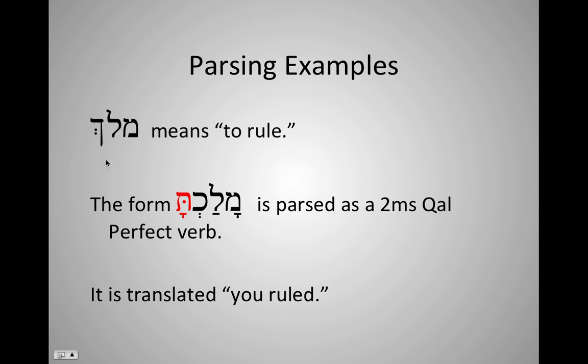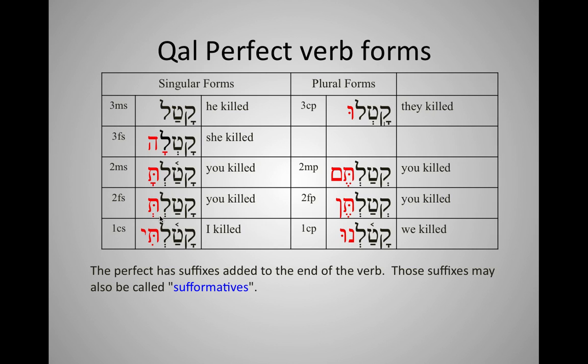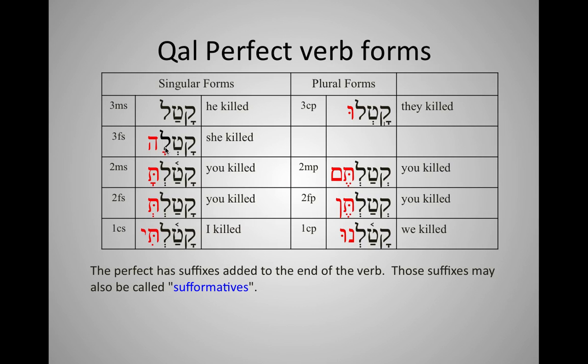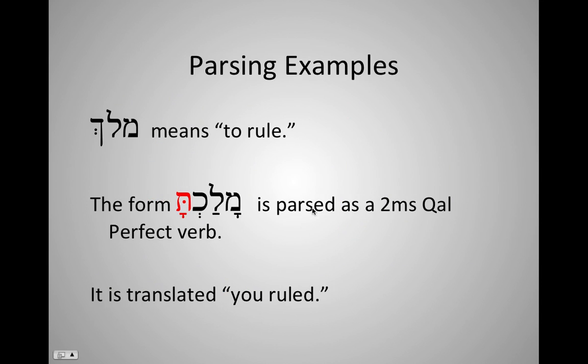So again, every Hebrew verb actually only has 3 letters, and to those 3 letters is added some of these endings that we talked about. So the verb mem, lamed, kaf actually means to rule. And if we added one of these endings that we've learned to it, we can begin to parse it.